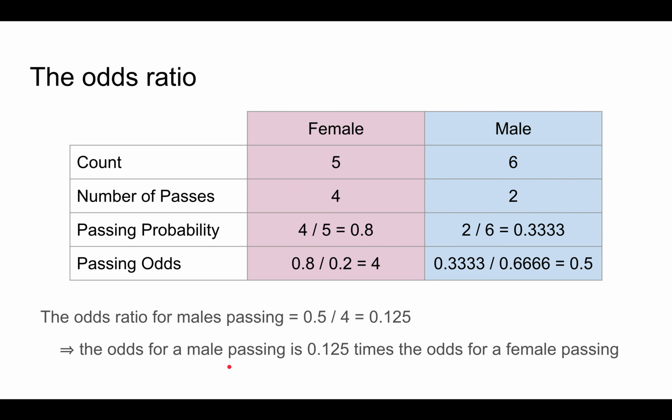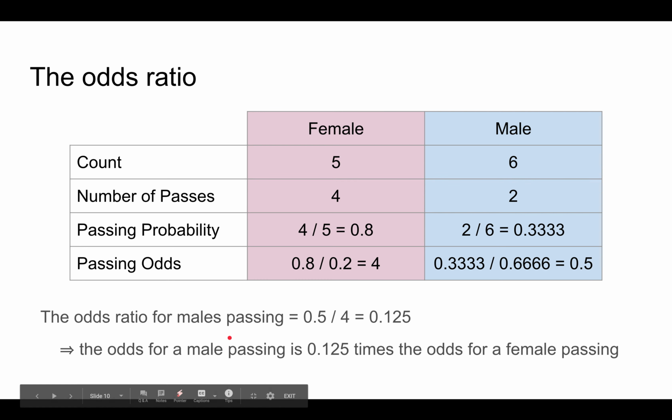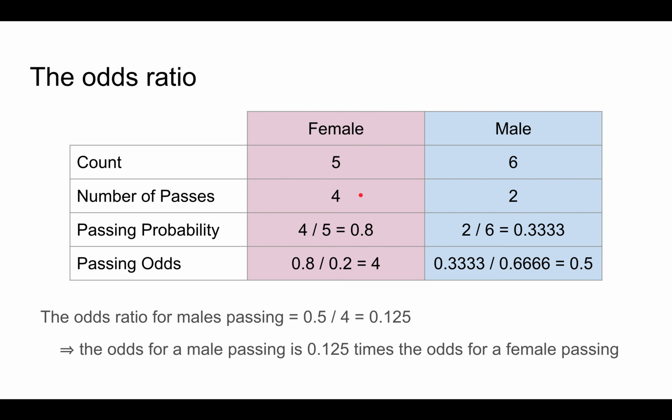So finally, there's something called the odds ratio, and that's where we go back to the data we looked at earlier. In that data set, we have 5 females and 6 males. 4 females passed, whereas only 2 males passed, perhaps because they didn't study as much and were playing computer games too much or something. Anyway, the pass probability for females is 0.8, whereas for males it's 0.33333.